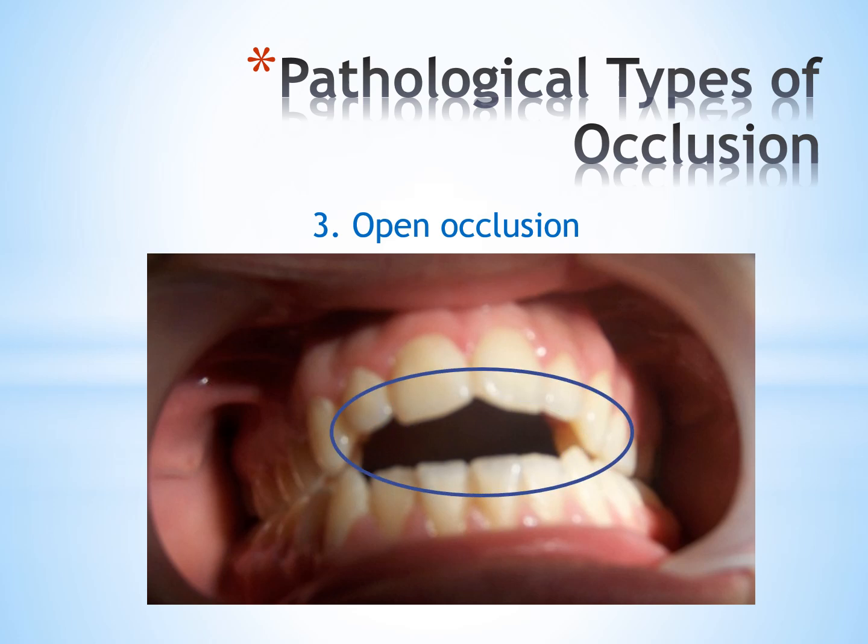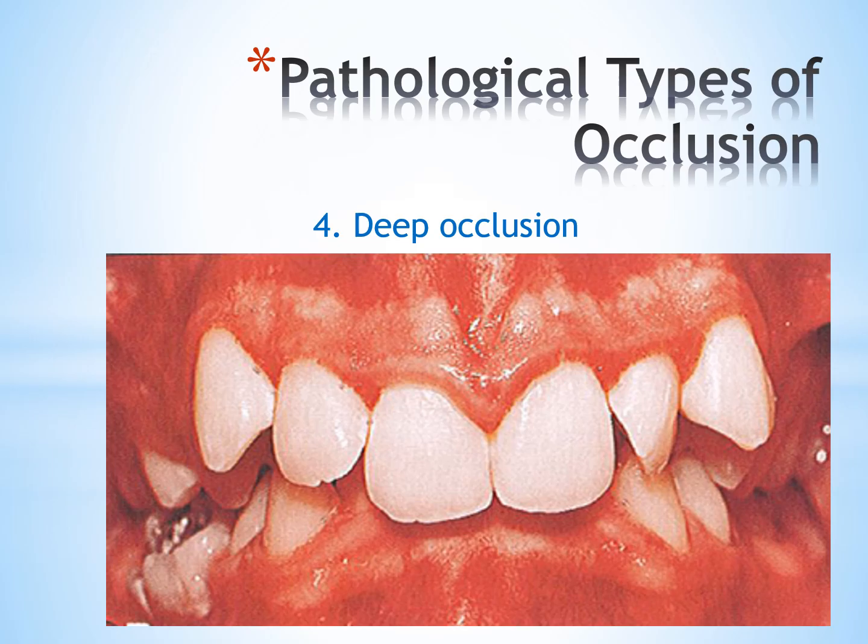Open occlusion is pathology without contacts between antagonists. Open occlusion can be frontal or distal, but distal open occlusion can be on one side or both sides.